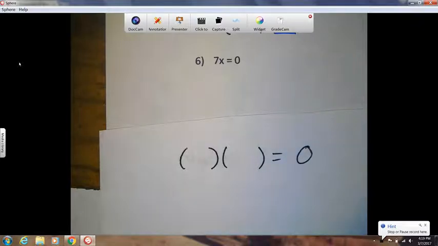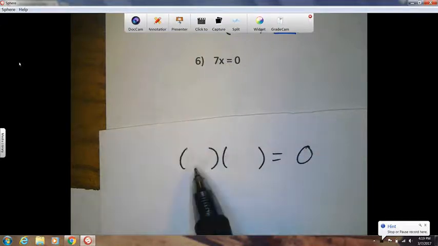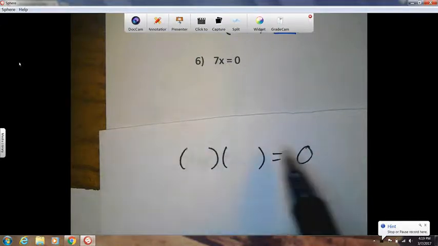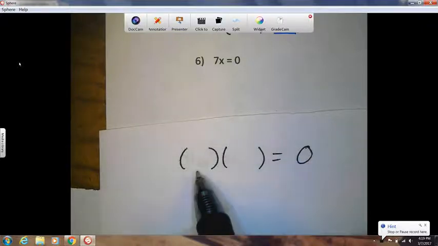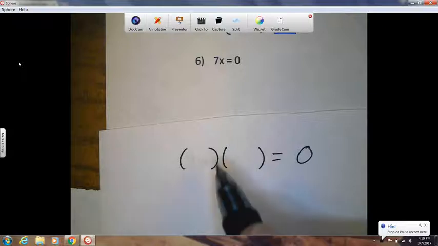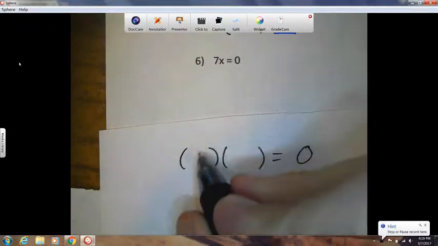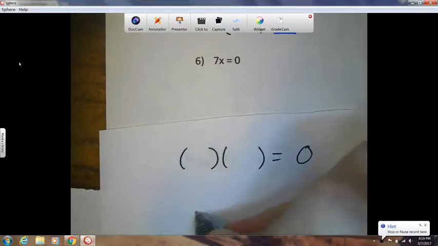So I'm trying to solve for x here. But what I want you to know is that if you're multiplying two things and the answer or the product is 0, one of the factors must be 0. So either this is 0 or this one is 0.